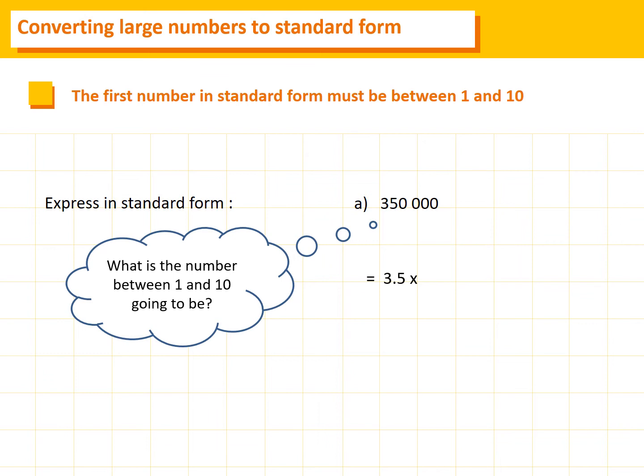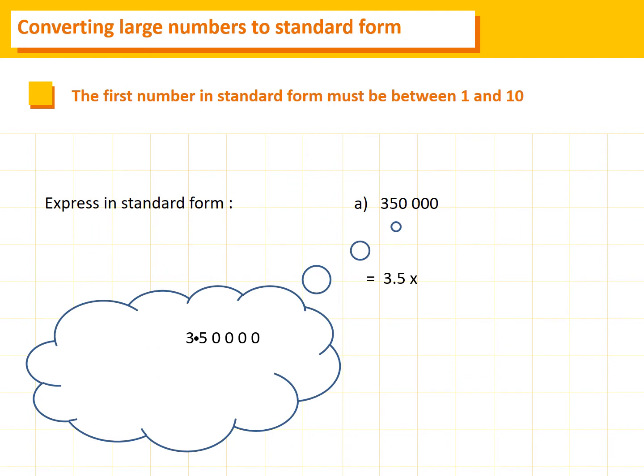We now need to consider what power of 10 we need to multiply 3.5 by in order to give us 350,000. So we multiply by 10 once, twice, 3 times, 4 times, 5 times. So our power of 10 will be 10 to the power of 5.